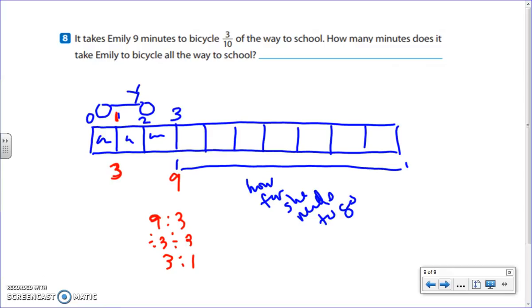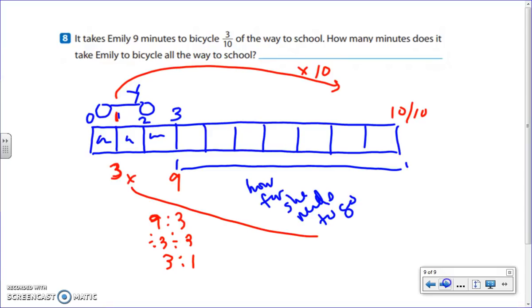So I know that if it takes her 3 minutes to go 1/10 of the way to school, and I multiply 1 times 10, 10/10 or 100% of the way there, it must be a 30-minute drive to school. Okay, so that's how I would do that. I would model that problem. And it must be a 30-minute drive to school times 10. Okay, that's it for today.